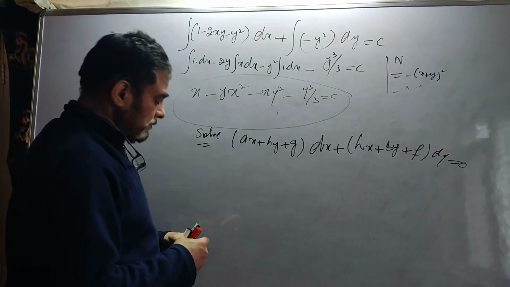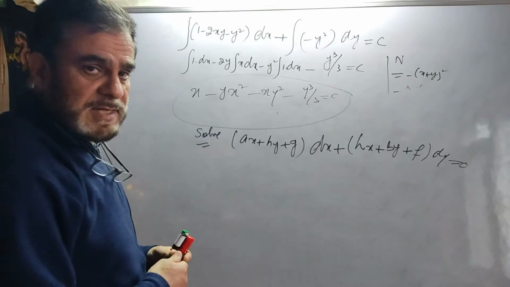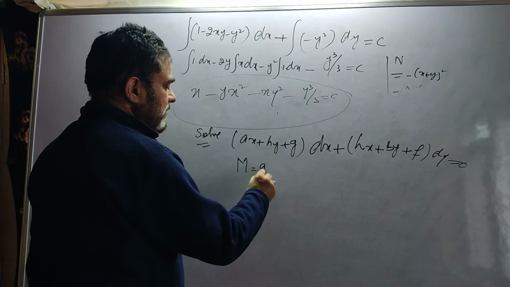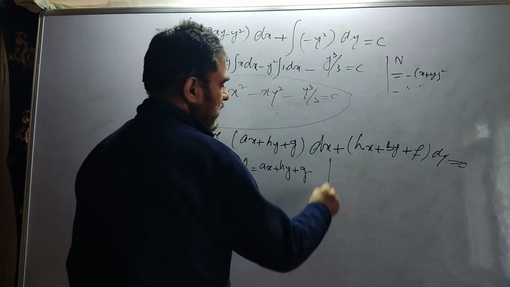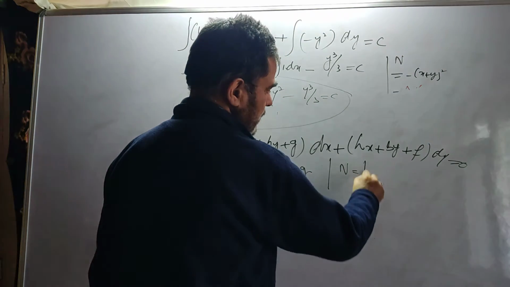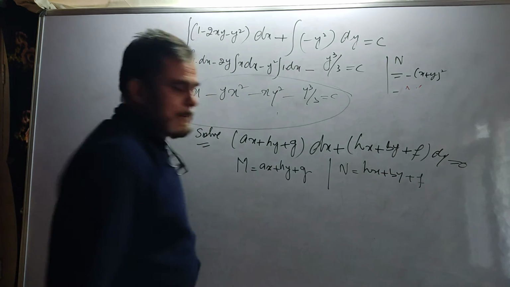How do you go? You have to first take it for the exact test. Your M is ax plus hy plus g. Here your N is hx plus by plus f.